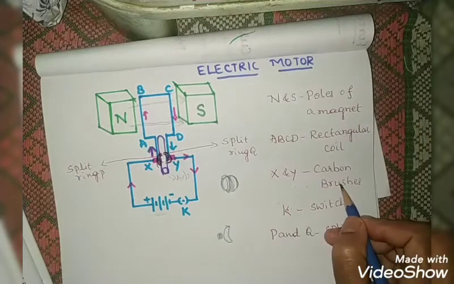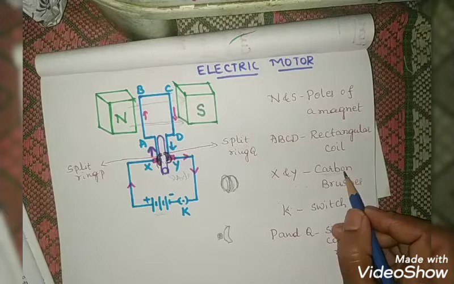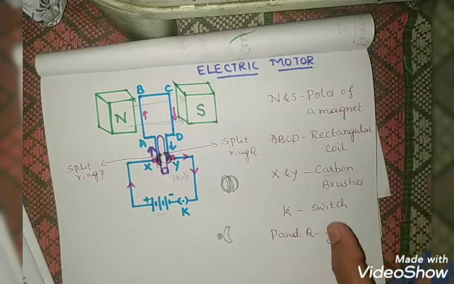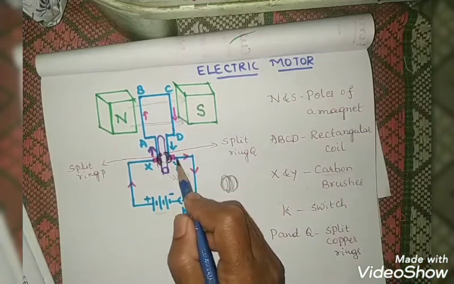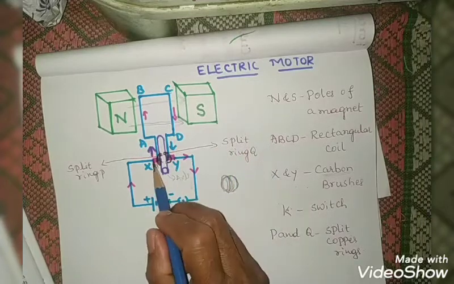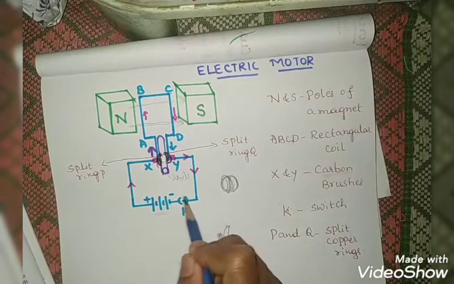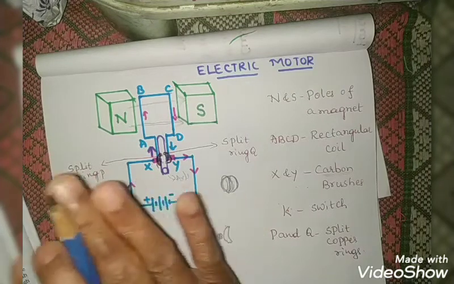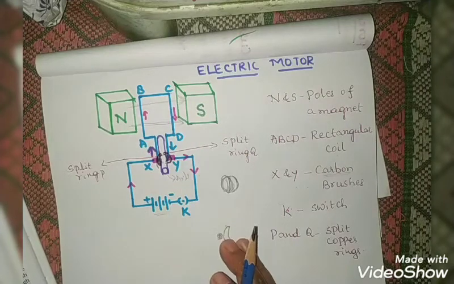They are carbon brushes. Carbon, in the sense, it is graphite. Graphite, as you know, is a good conductor of electricity. So, to make the current pass through the circuit, we are using two carbon brushes. They are stationary, children. These two carbon brushes are connected by simple wires to a switch and a battery. This is the schematic representation of an electric motor, children.